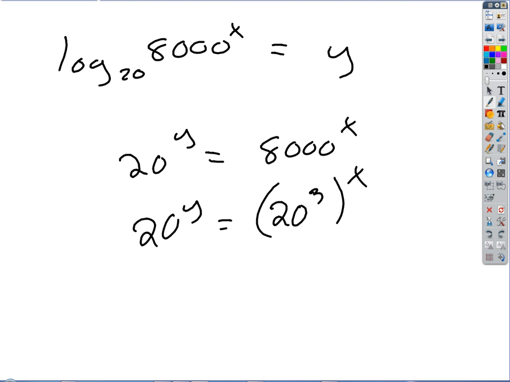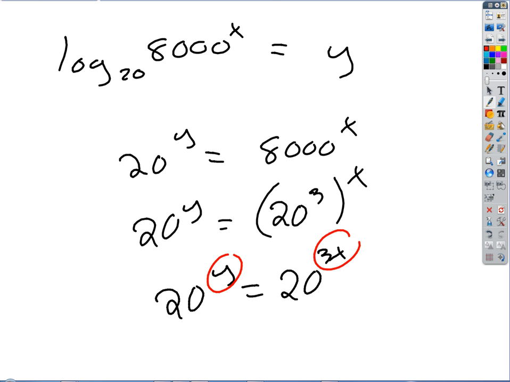Okay, in this case, meaning multiply, right? So I'm going to get 20 to the y equals 20 to the 3x, so y must equal 3x. So my answer is 3x. Okay. All right, last 2 problems for today.